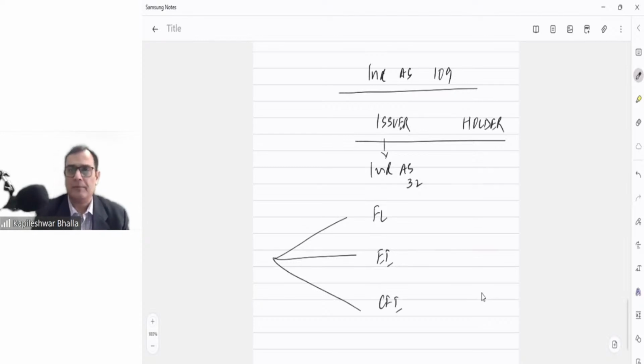Let's not talk of hybrid for the time being. And we said that the holder would always land up saying that it is a financial asset for me.